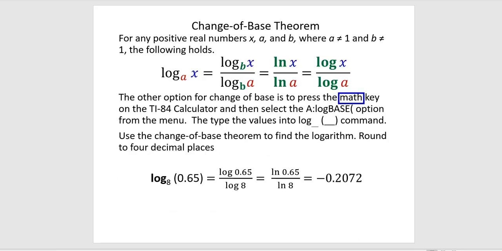The last item to be discussed is the change of base formula on this last slide. There are 3 ways you can do a change of base. The first 2 are to use the formula shown here, either the natural log or the common log options.